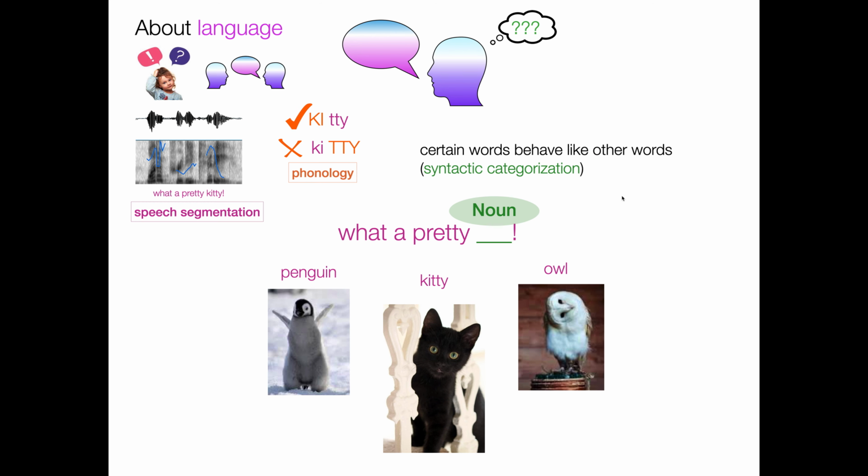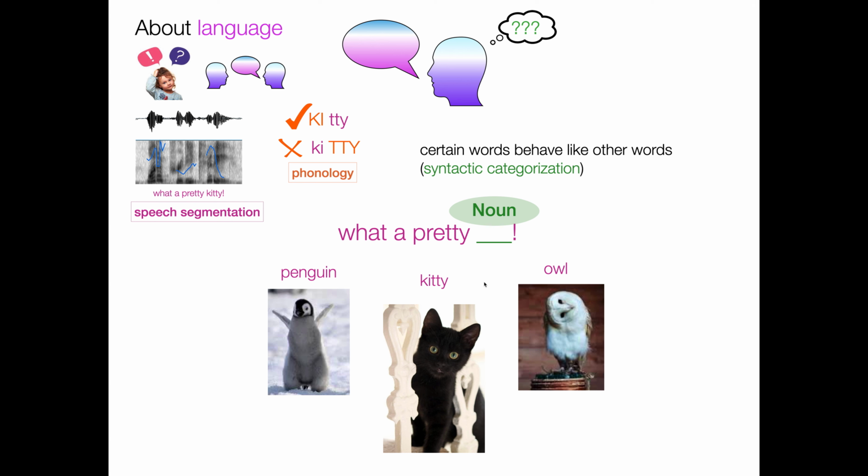We also know that certain words behave like other words because they are the same category of word. This is syntactic knowledge, so they are the same syntactic category. So here's a particular syntactic frame. What a pretty blank. And it turns out that things go there that we tend to call nouns if we're going to label them, but the important thing, the thing that we know, is that penguin can go there, and kitty can go there, and owl can go there.